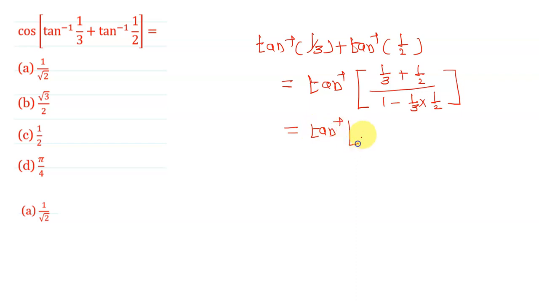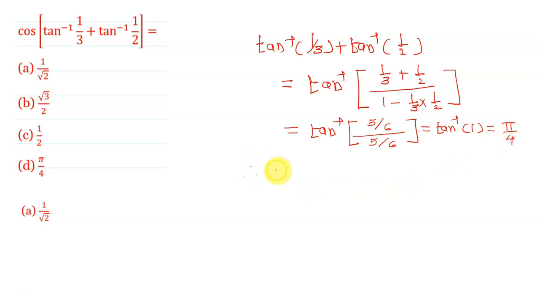tan inverse of, if we simplify this, 1 into 2, 1 into 3, then you will get here 5 by 6, and this whole divided by 1 minus 1 by 6. Means what? Here you will have again 5 by 6, and that is equal to tan inverse of 1, and tan inverse of 1 is equal to pi by 4.